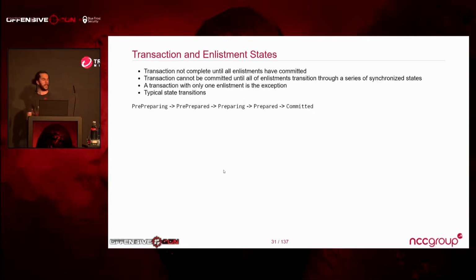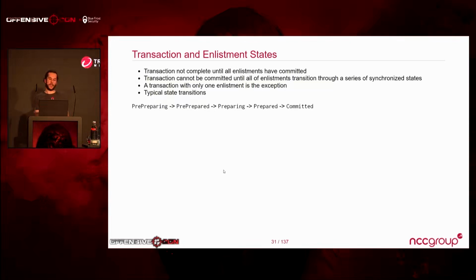The transaction and enlistment can move through different states. By reversing, we found that they can move from pre-preparing to committed. And there is a relation between the change of state for the enlistment and the transaction.